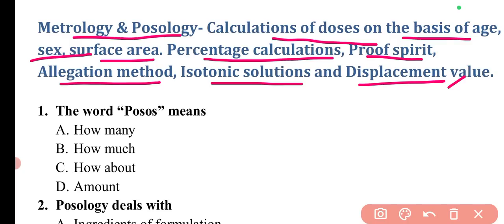Many a time the question has been seen from the allegation method or based on the child dose calculation based on age. So remember that the question is mostly asked from this particular part. I have included questions from all these topics, so you have a better idea of which topic you need to study.